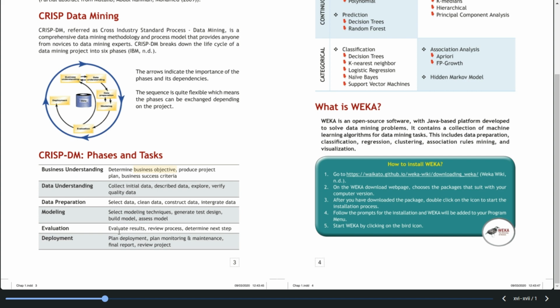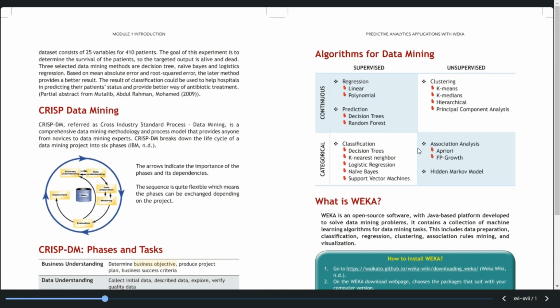Okay, dan barulah you buat modeling and evaluate the result, review process, determine the next step, and deployment. Barulah you buat final report, you want to deliver apa you dapat, the insight of your data to the business problem owner, pemilik problem tersebut. Okay.